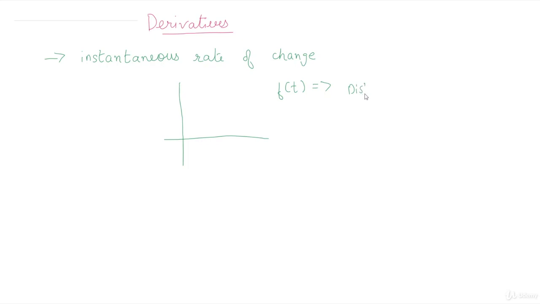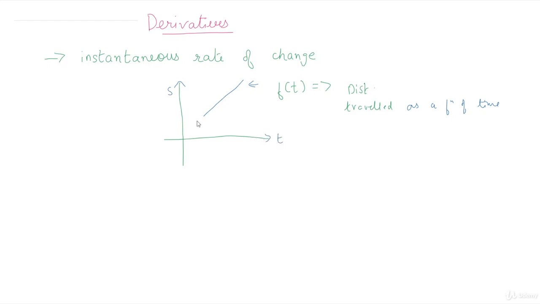So this is giving us the distance traveled as a function of time. Let us take a basic graph. Let's say this is the function, f of t, and this is the distance traveled, that is s, and this is the input parameter, that is t.